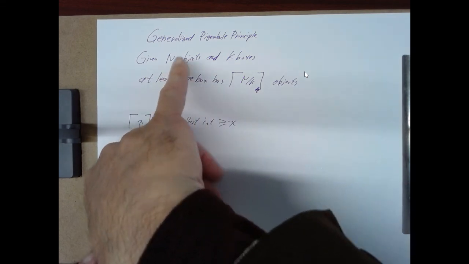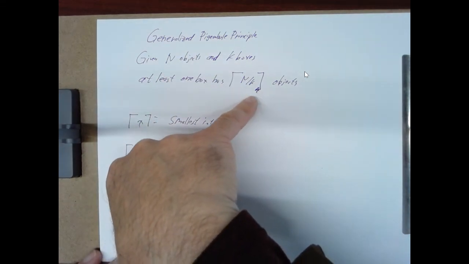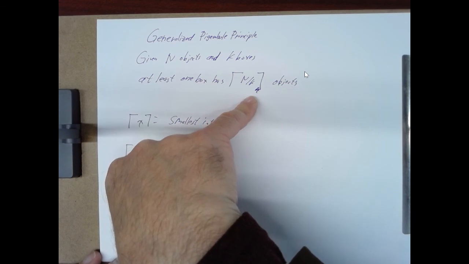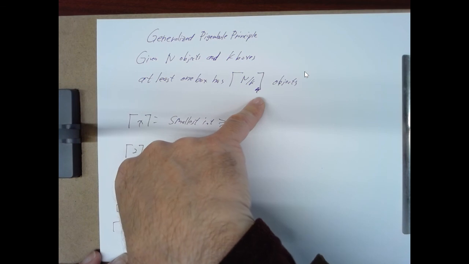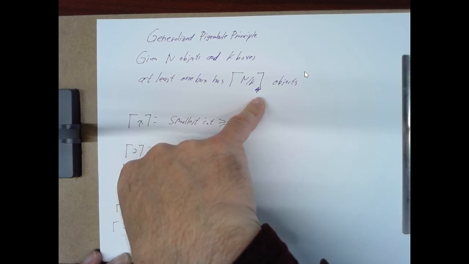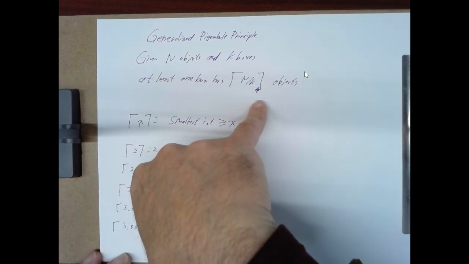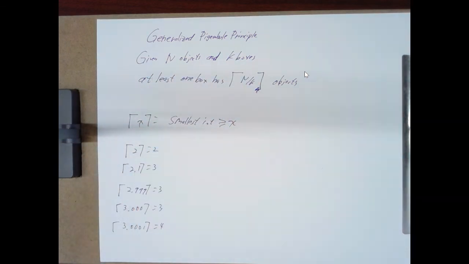So if n is k plus 1, then n over k is something slightly bigger than 1, right? So the ceiling of that's going to be 2. So this is just the particular pigeonhole principle we started with. K plus 1 objects, k boxes, at least one box has 2 objects.